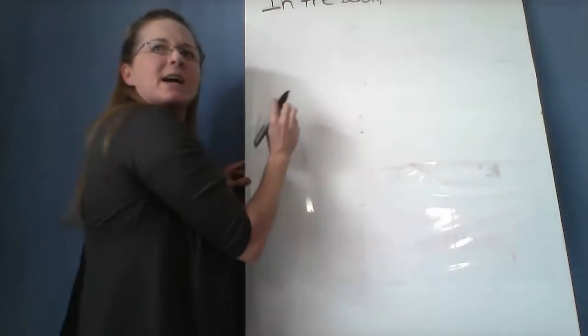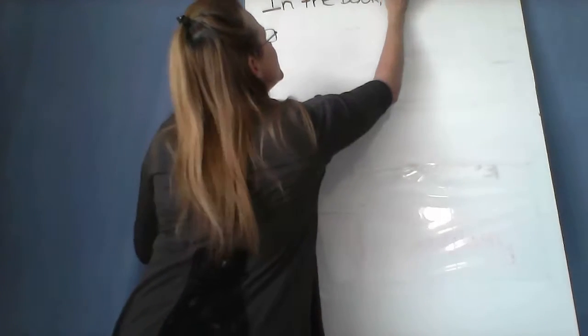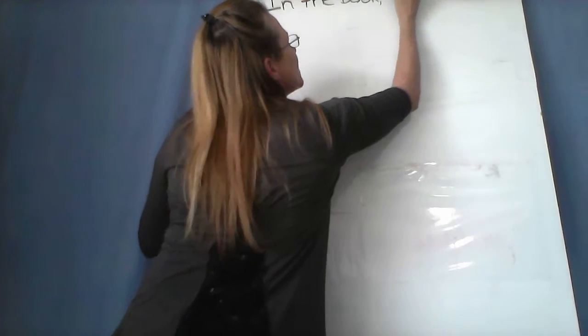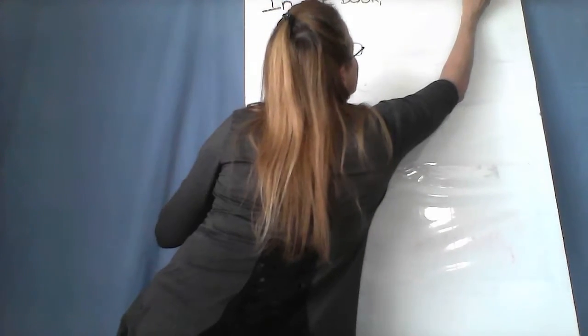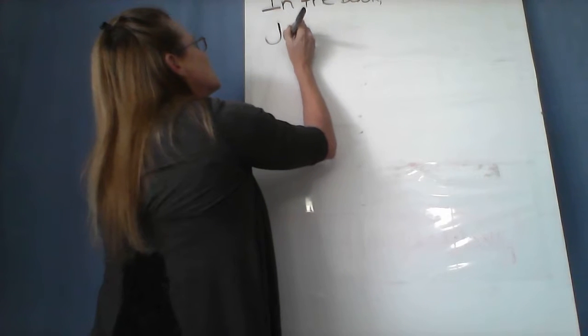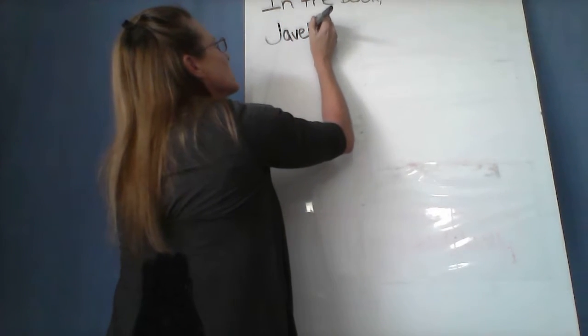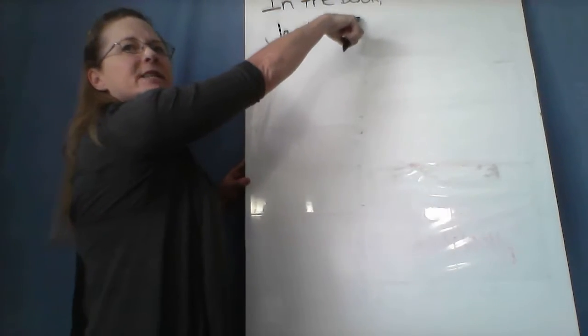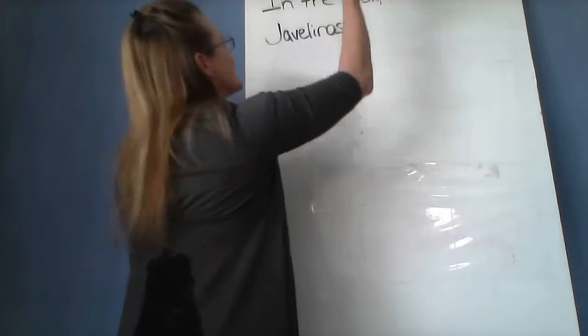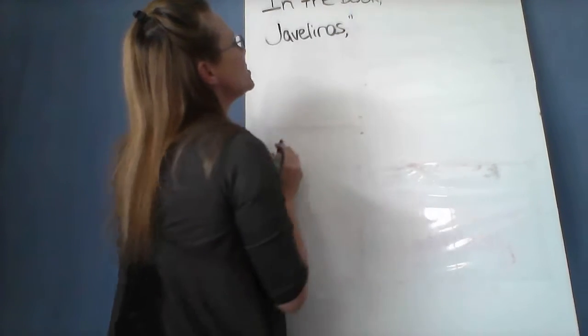What do I put before the title of a story? Yes, quotation marks. The Three Little Javelinas. Comma, what goes at the end of my title? Yes, I'm so glad to hear, quotation marks.